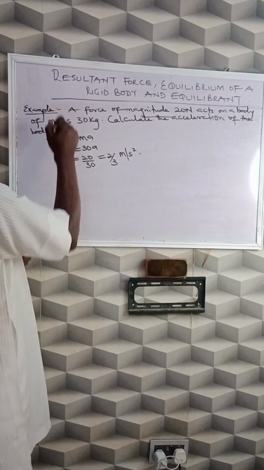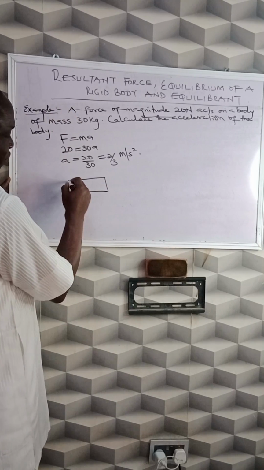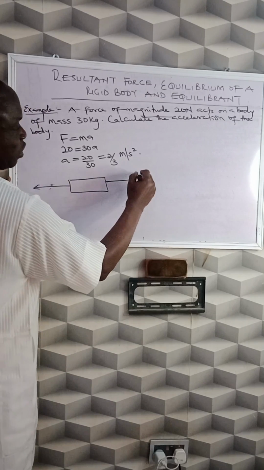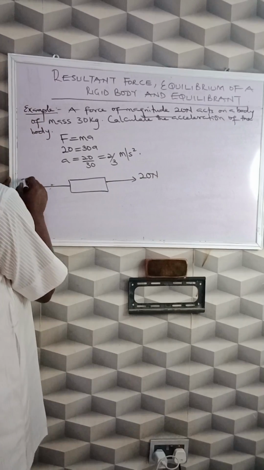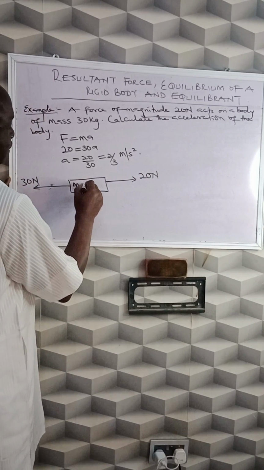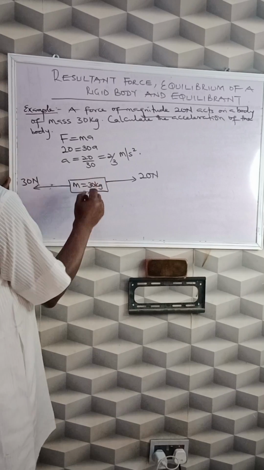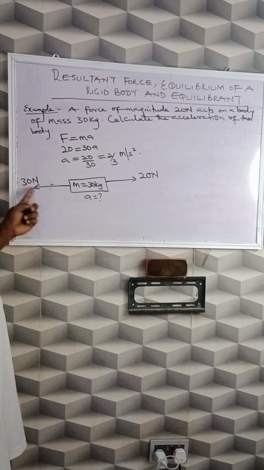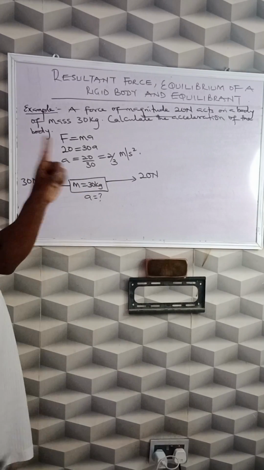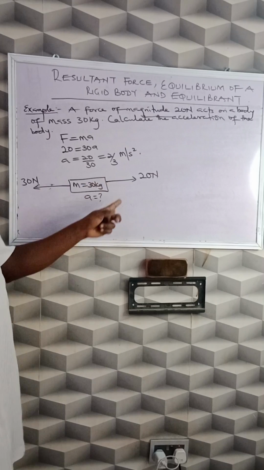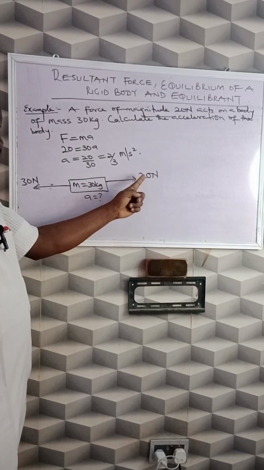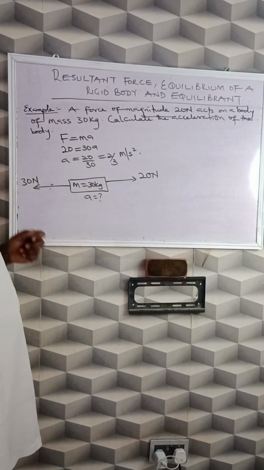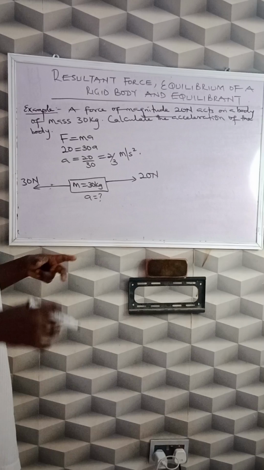But consider a situation where we now have two forces. One is acting here, the other one is acting there. This one is 20 Newton, this one is 30 Newton, and the mass still remains 30 kilogram. And the question says calculate the acceleration. So we must find a way of combining 30 Newton and 20 Newton together in order to produce a single force. That force will be able to represent the effect produced by a 20 Newton force and a 30 Newton force combined together.